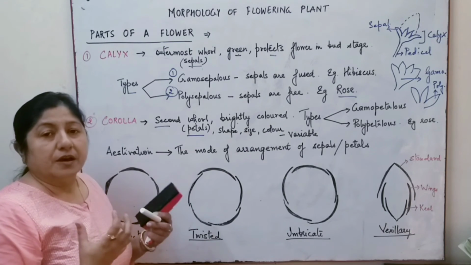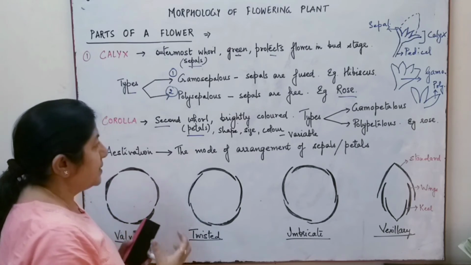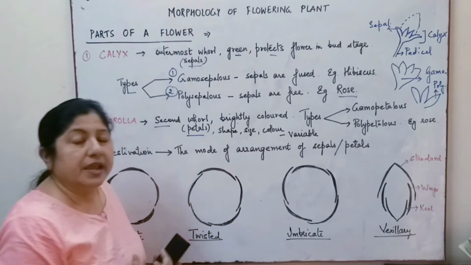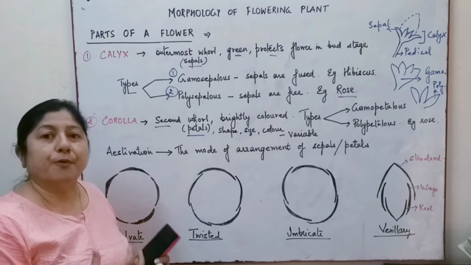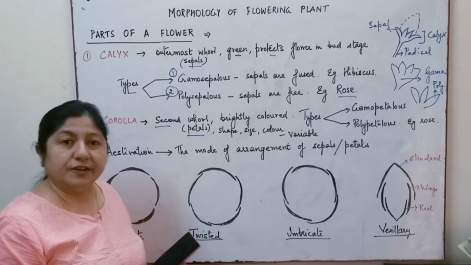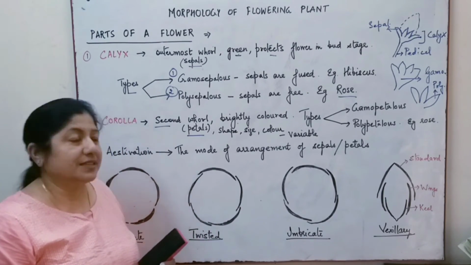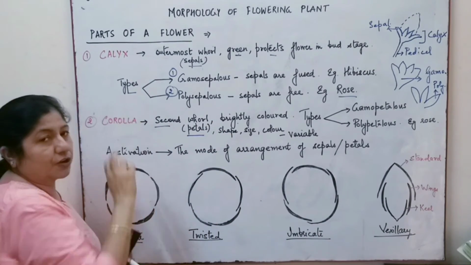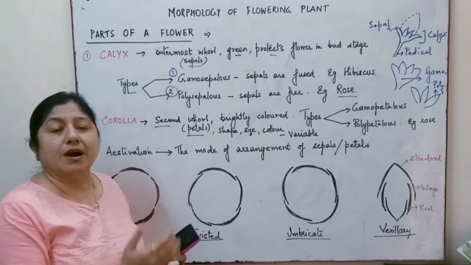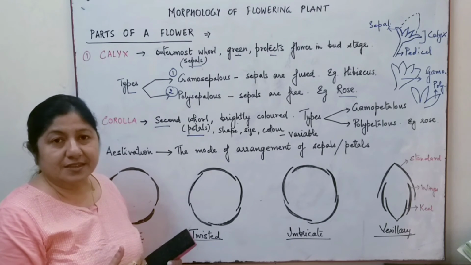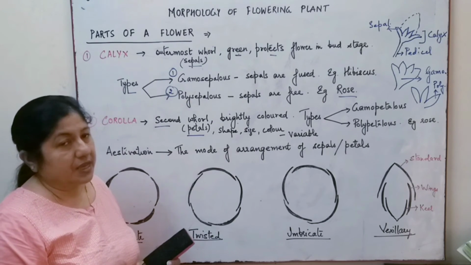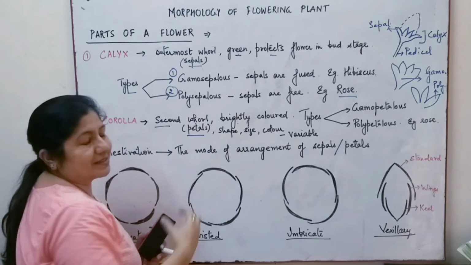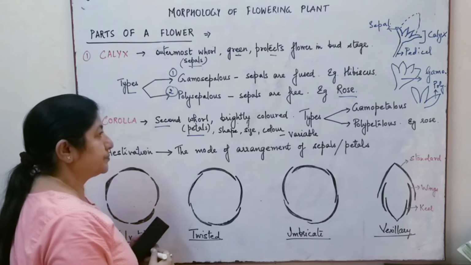The chief reason for them being brightly colored and the size being variable is to attract the pollinators, that is chiefly insects. The insects help in bringing about the pollination. So the main function of the corolla is to attract the insects or the pollinators, and therefore they are brightly colored with various shapes, sizes, etc.